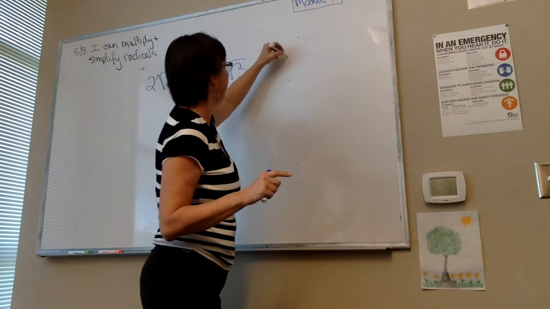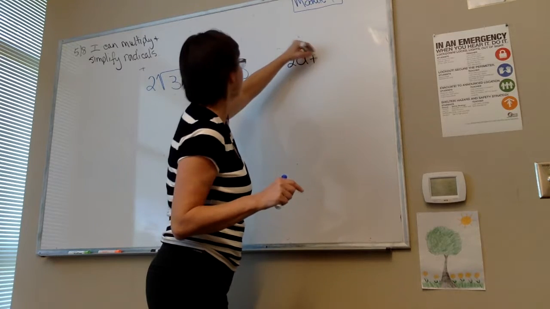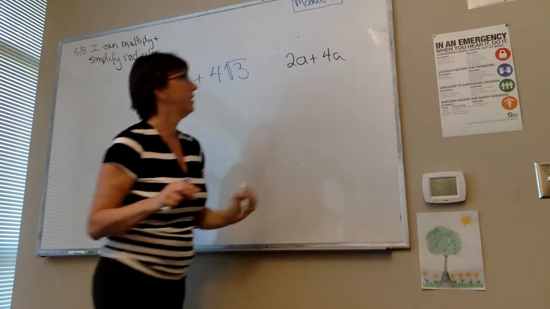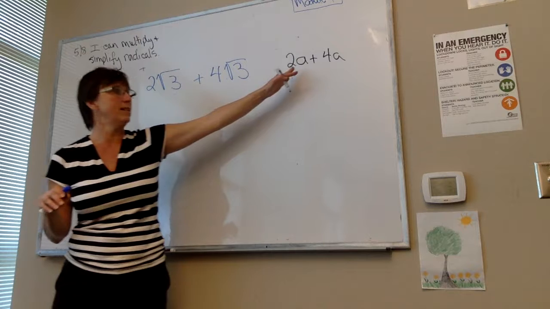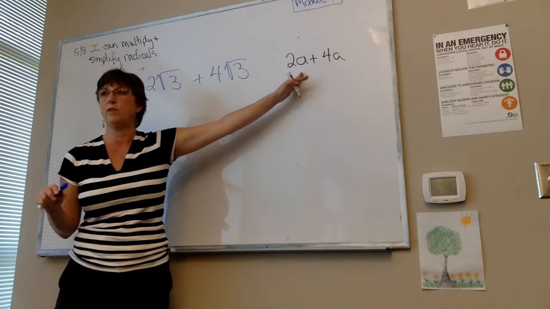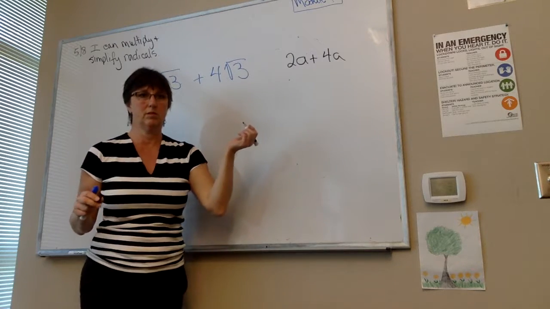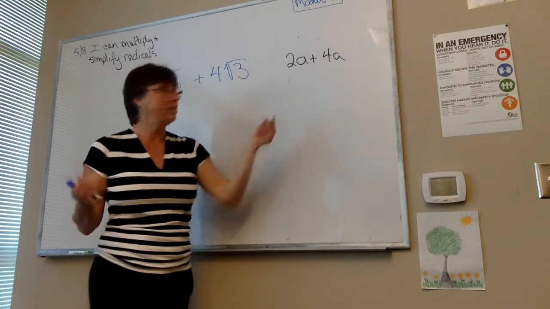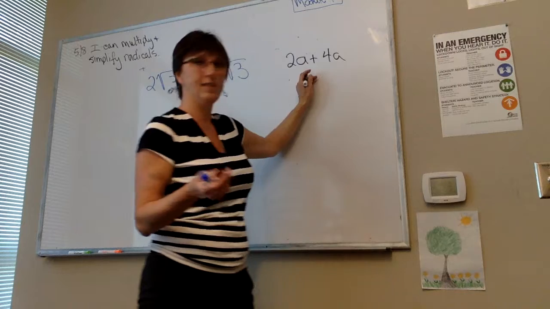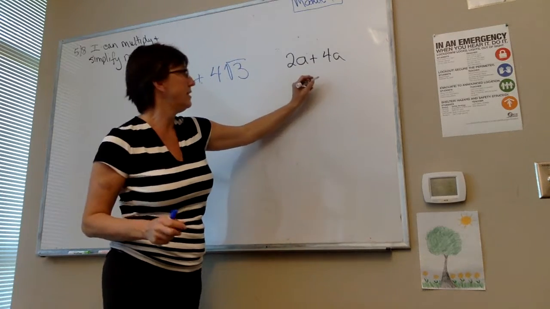well, let me ask you, if I had something like this, 2a plus 4a, can you simplify this problem? How would you do that, Colton? Add like terms. You combine like terms, and when it's simplified, it is 6a.